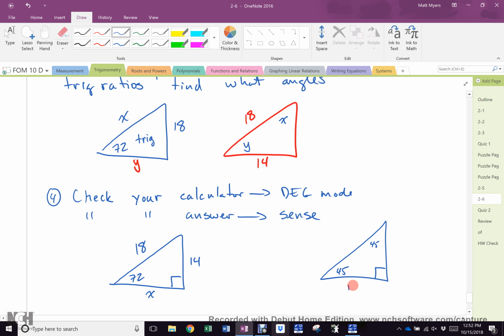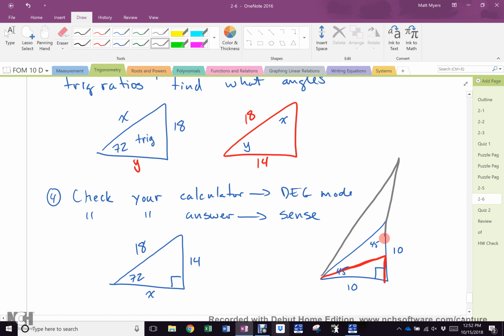So if this is 10, what's this? 10. Right? Okay. What if I draw this line and I keep the 10? Will this be larger or smaller than 10? Smaller. What if I drew it up here?